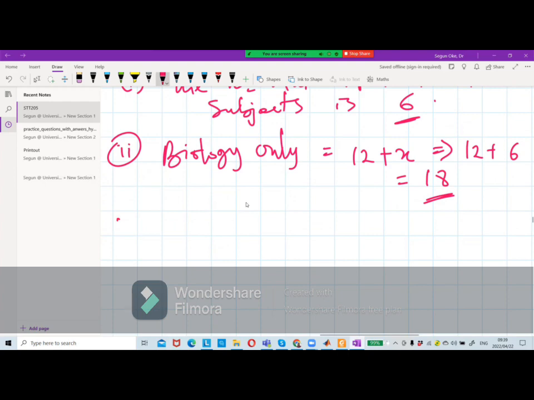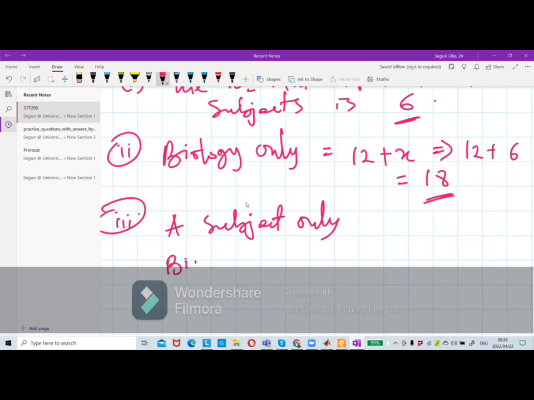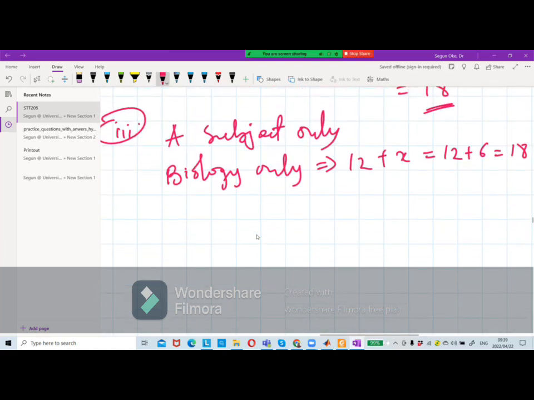Number 3 now says a subject only. Biology, which we just did, is going to be 12 plus x, which is equal to 12 plus 6, 18.